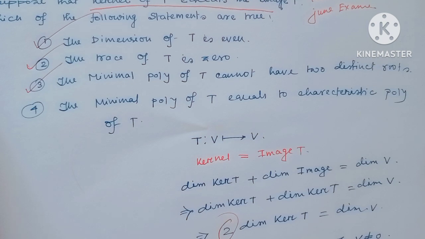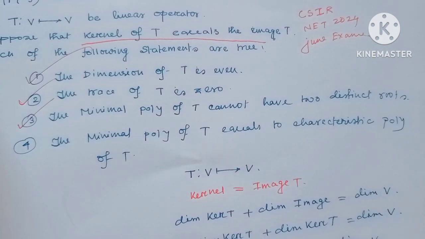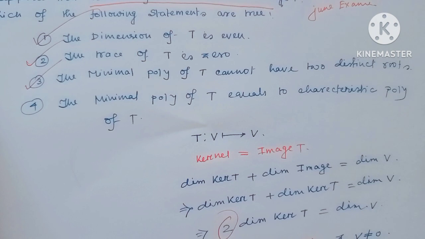It would be diagonalizable only when the operator is the zero operator, but here the operator is a non-zero operator, so it is not diagonalizable. Since it is not diagonalizable, the minimal polynomial cannot equal the characteristic polynomial.